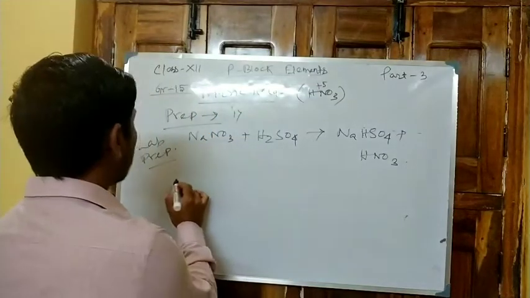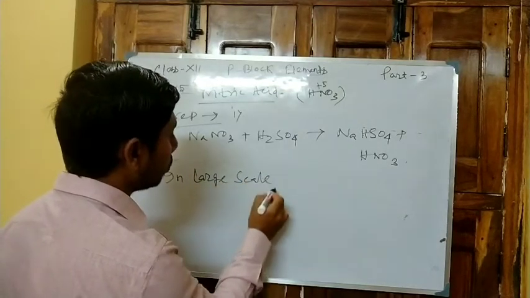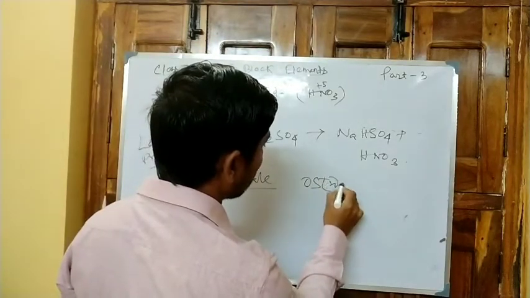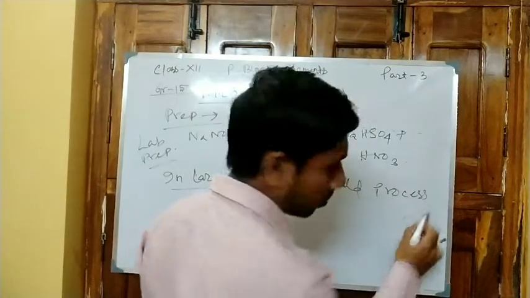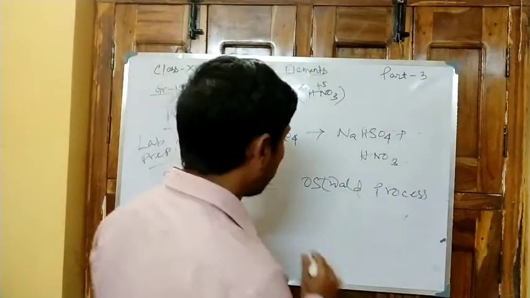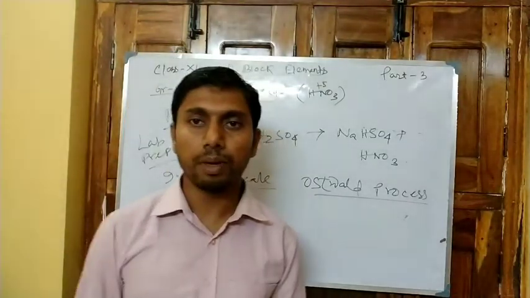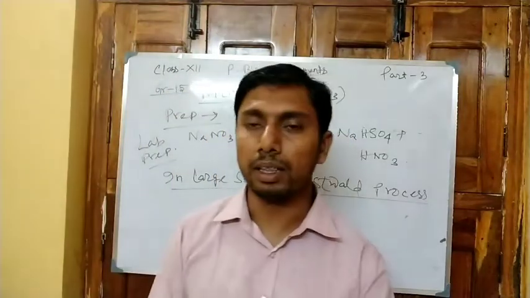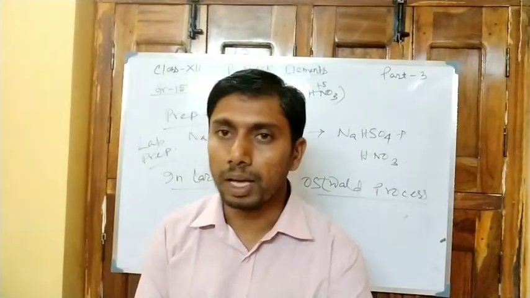Another one, on a large scale, it can be produced by the Ostwald process. What is this Ostwald process? The Ostwald process undergoes some steps. First of all, it is the oxidation of NH3 to produce NO, and then NO is oxidized to NO2, and then NO2 reacts with water to form HNO3.